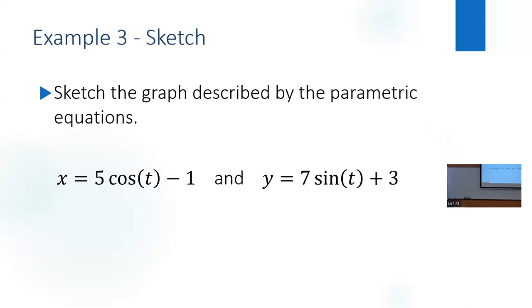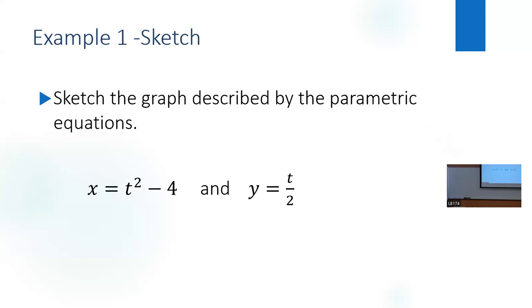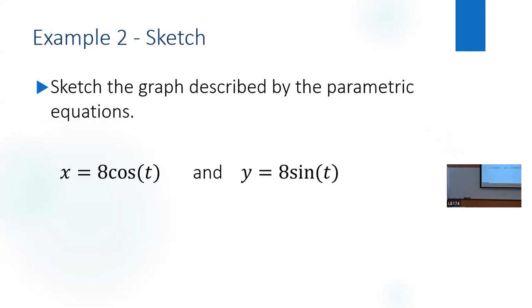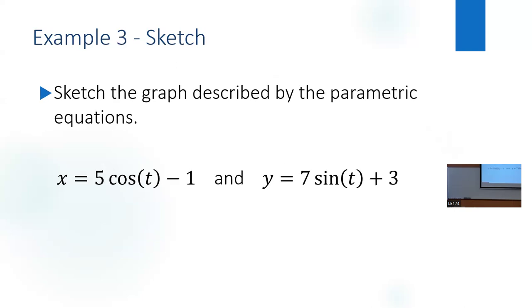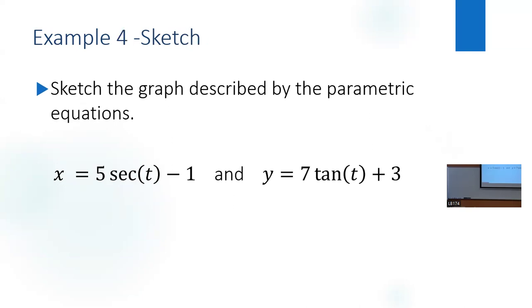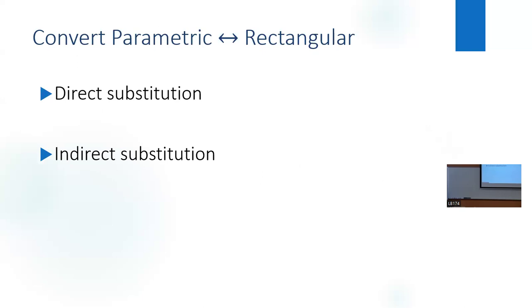The parabola was written with just t's and t squareds, but the circle, the ellipse, and the hyperbola were written with trig functions. So you can sketch those out if you like.